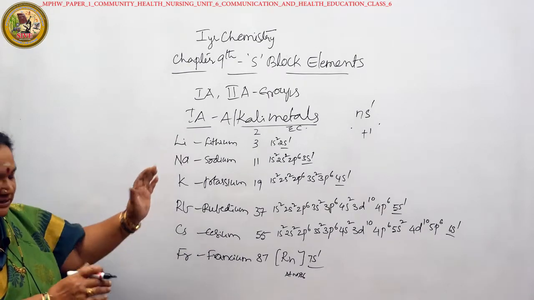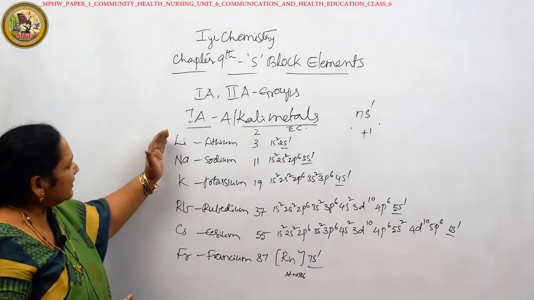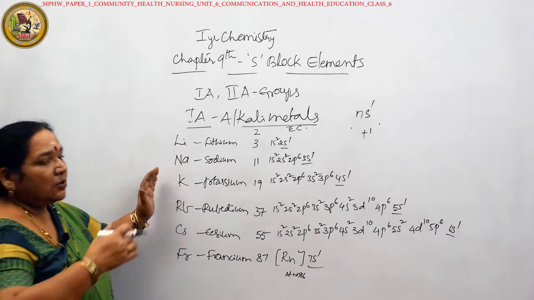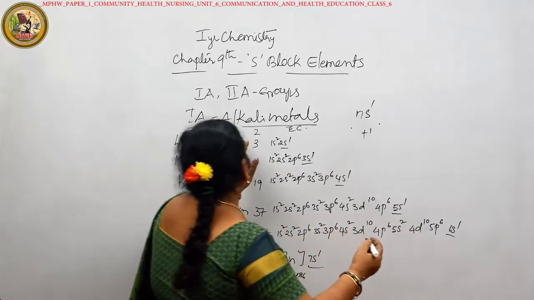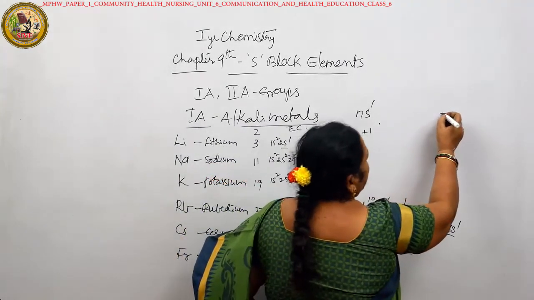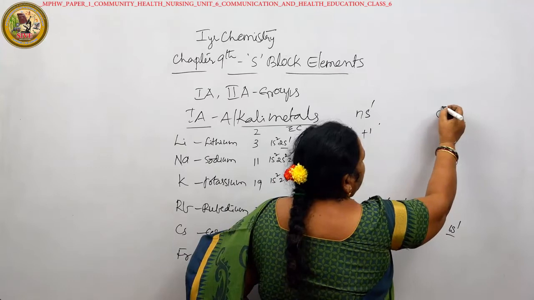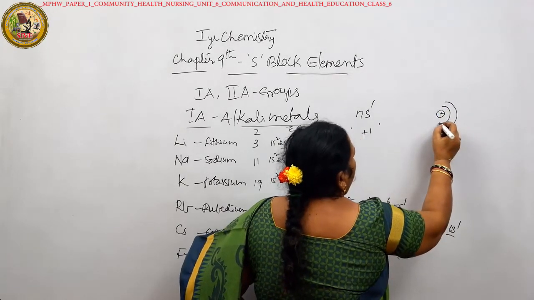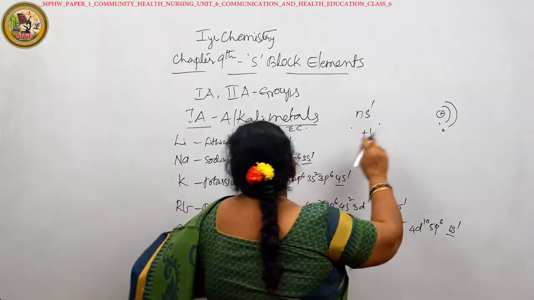Why the atomic size increases means, from one element to another element, a new shell keeps getting added. So coming to lithium, this is the nucleus and this is the first shell and this is the second shell, 1, 2. This is about lithium.